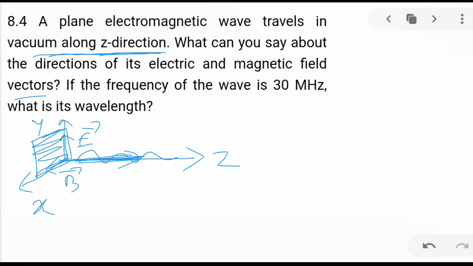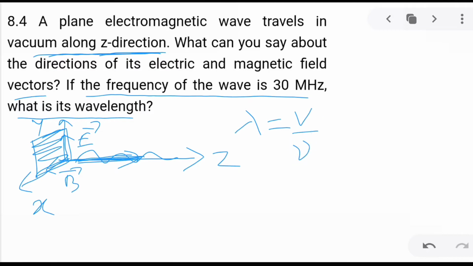If the frequency of the wave is 30 megahertz, what is its wavelength? Now see, wavelength is related to frequency by the relation lambda is equal to velocity divided by frequency.